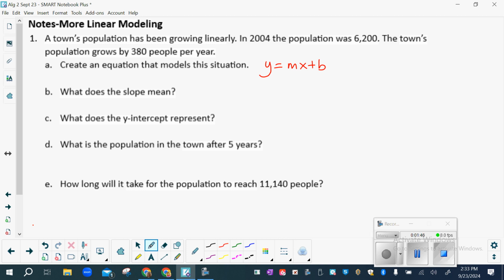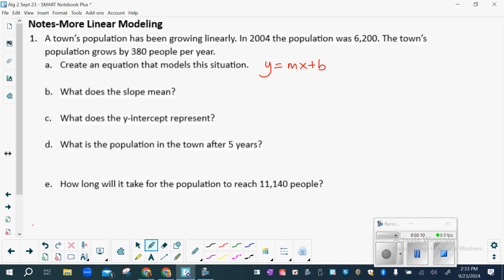So slope, remember, is rise over run. And what's happening in that slope is it's going to have 2 pieces of information. It's going to increase or it's going to decrease. So which one of these 2 has 2 pieces of information? The 6,200 or the 380?